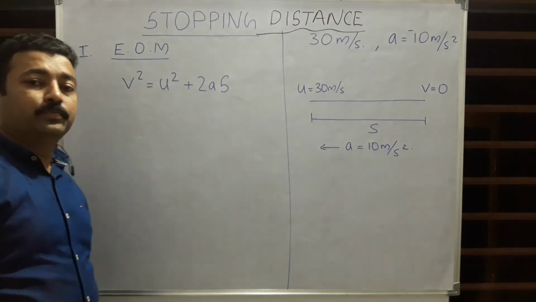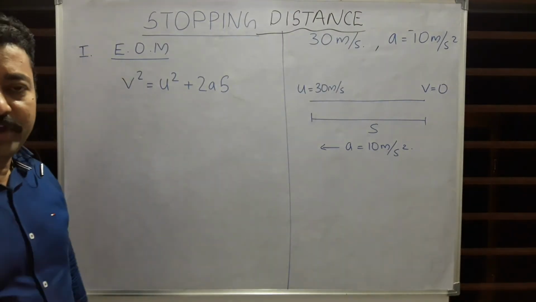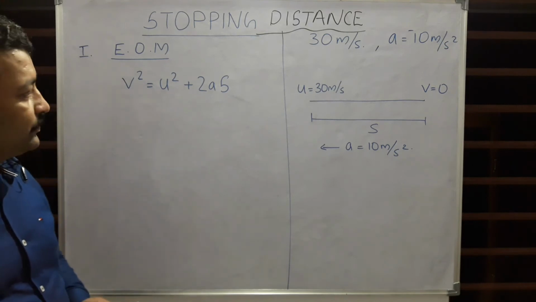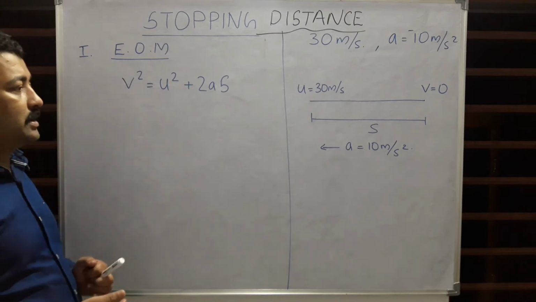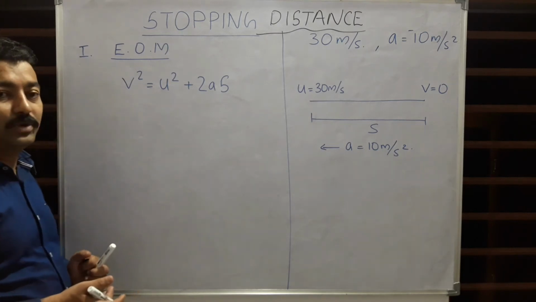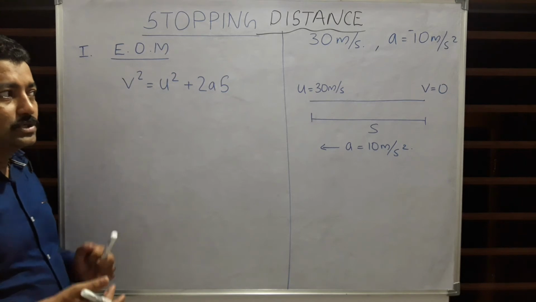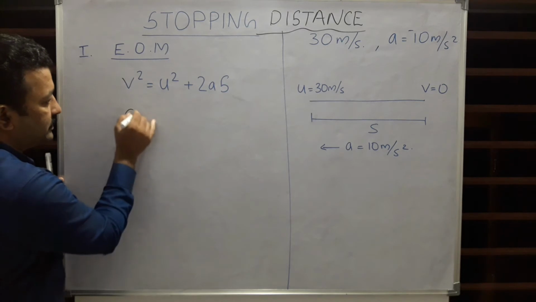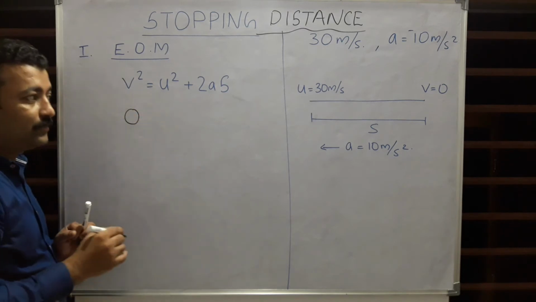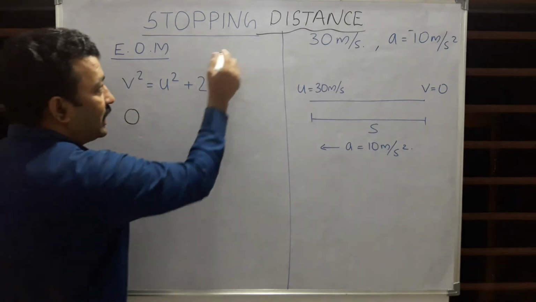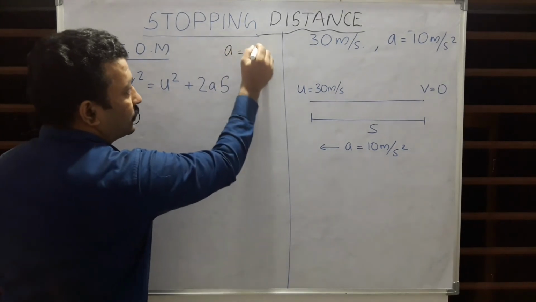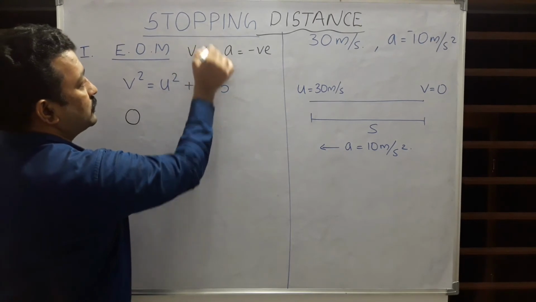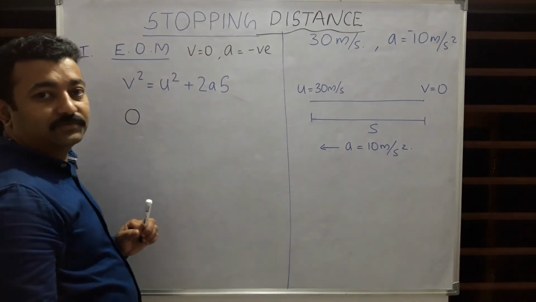Remember, all of you, this kind of question is very common in many entrance exams even. We have got V square is equal to U square plus 2AS. Stopping means the final velocity of the particle is equal to 0. And for stopping, what is required? A has to be negative. So stopping means V is equal to 0 and A is equal to negative.